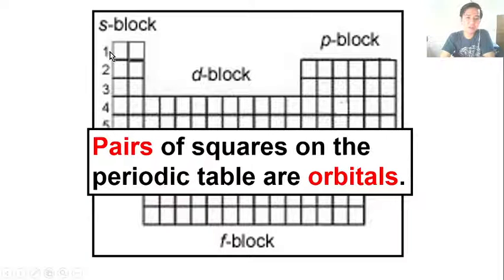Each pair of squares, so two boxes here, represents one orbital. Again, if you want to use the periodic table as your basis for the orbitals, two boxes, or this pair of squares, represents one orbital.